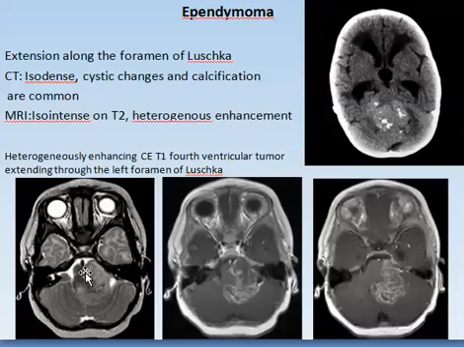On MRI T2, it is isointense, with contrast T1, heterogeneous enhancement, and it is seen extending into the foramen of Luschka along the lateral aspect. So extension through the exit foramina is characteristic of ependymoma.